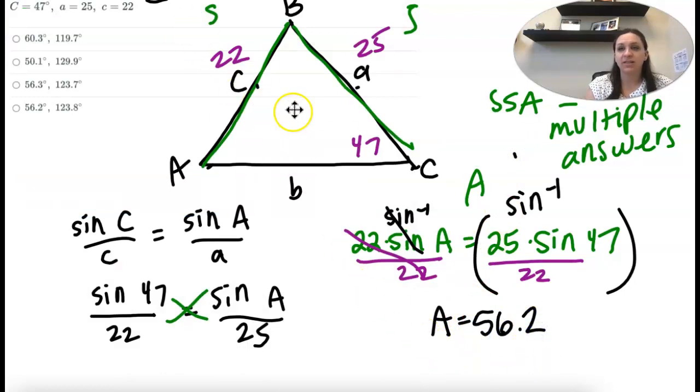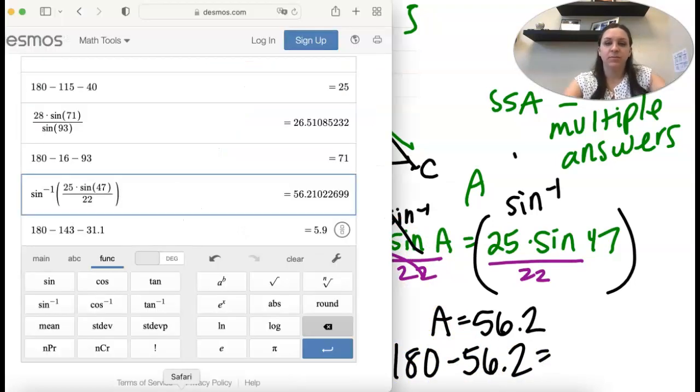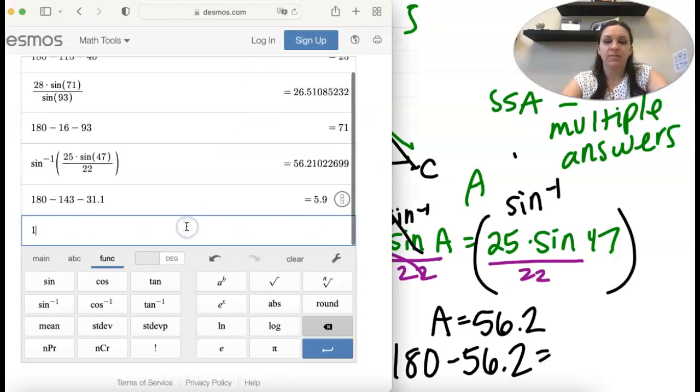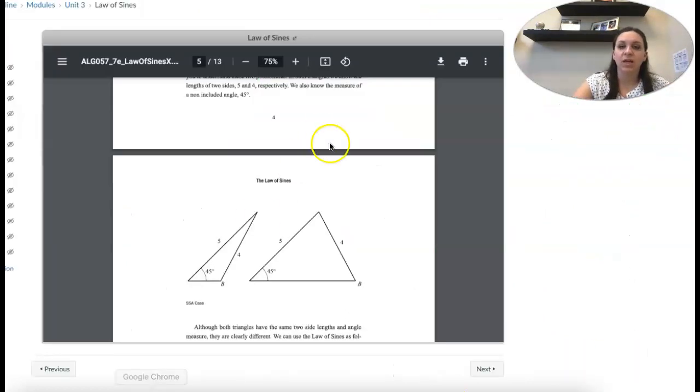And then we get the second angle by subtracting from 180. So 180 minus 56.2 is 123.8. Okay, and that's because one angle is acute and one is obtuse.